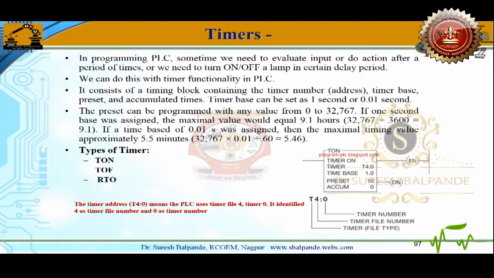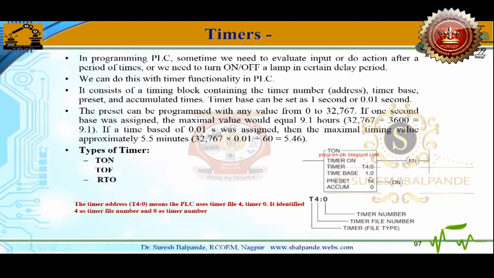Interruption means the timer needs continuous supply, continuous input during counting. And suppose there is an interruption because of fluctuation in the supply voltage or because of a problem in the switch, it will clear that accumulator. You can see here in the timer the accumulator value is shown, it is 0. This value will always keep on incrementing, and for that it needs continuous input.